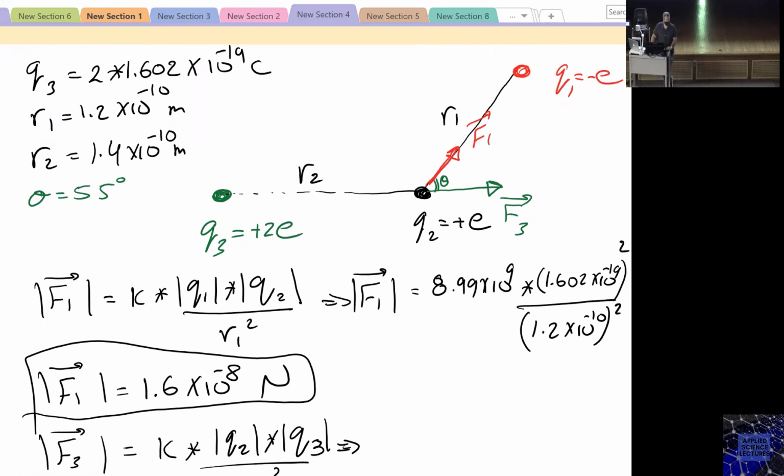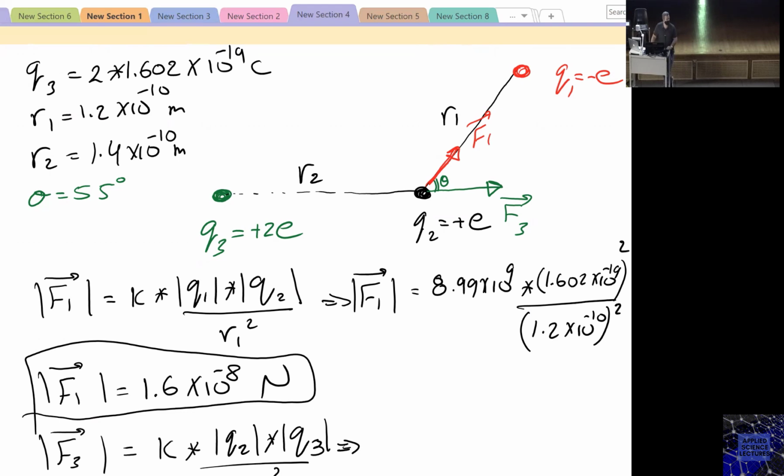Now, how can I find the total force? The same thing we used to do for the velocity, if you recall. Dealing with vectors, get the components, X component, Y component for each, find the net X component, find the net Y component, that's it.